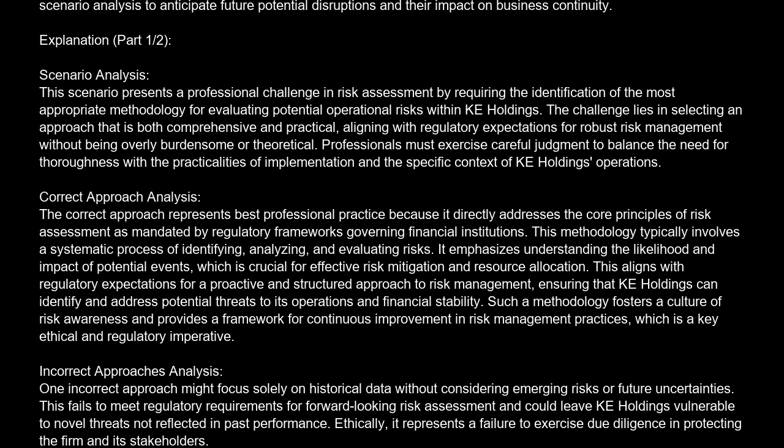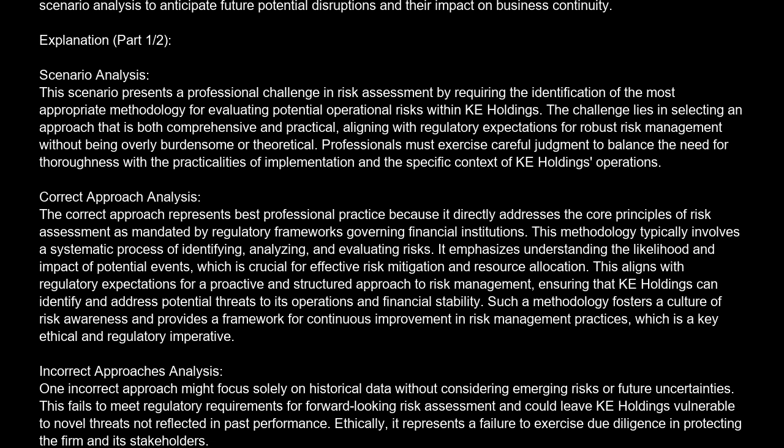Correct approach analysis. The correct approach represents best professional practice because it directly addresses the core principles of risk assessment as mandated by regulatory frameworks governing financial institutions. This methodology typically involves a systematic process of identifying, analyzing, and evaluating risks. It emphasizes understanding the likelihood and impact of potential events, which is crucial for effective risk mitigation and resource allocation.